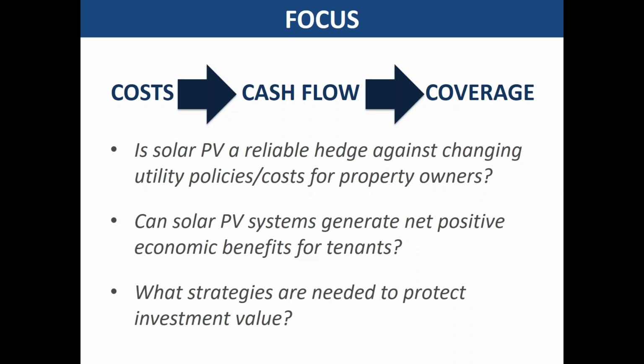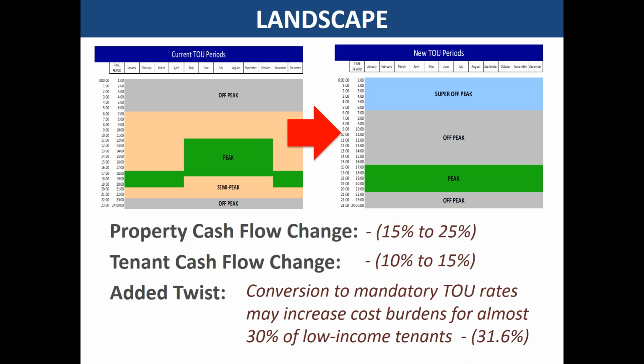And they further noted that these reductions could put a lot of customers underwater with their power purchase agreements, leases, or loans. So we've been asking ourselves, specifically in an affordable housing context in California, is solar PV a reliable hedge against changing utility policies and costs for property owners? Can solar PV systems generate net positive economic benefits and continue to do so for low-income tenants? And what strategies are needed to protect investments?